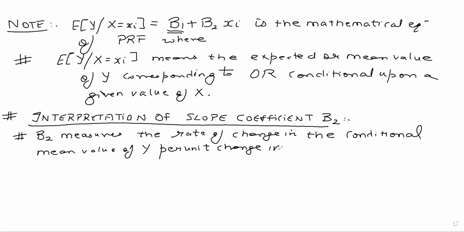So B2, the slope coefficient, measures the rate of change in the conditional mean value of y. Why conditional? Because it is conditional on a given value of x. So the conditional mean value of y per unit change in x is captured by capital B2.